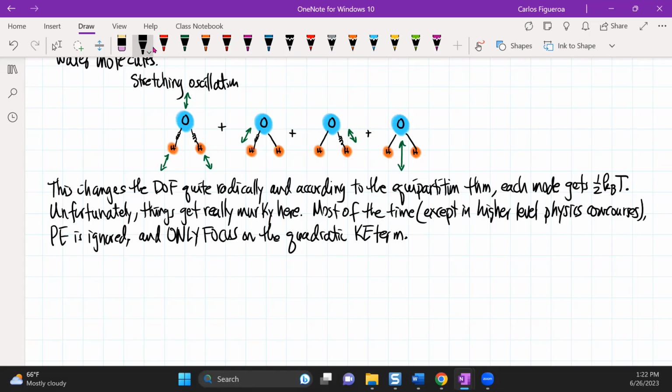So as you could probably guess, polyatomic gases don't really follow this extension that well.